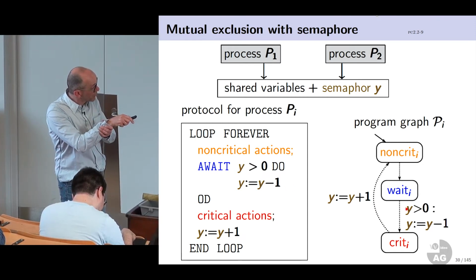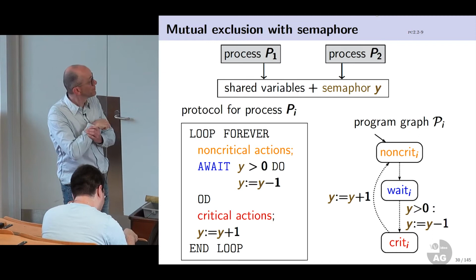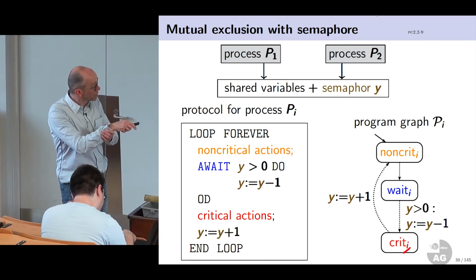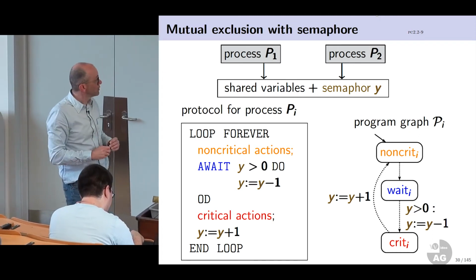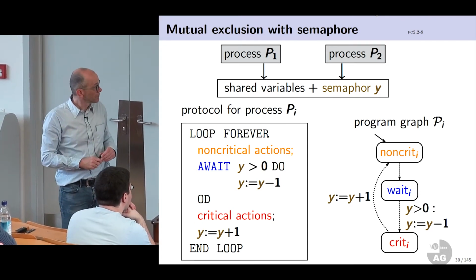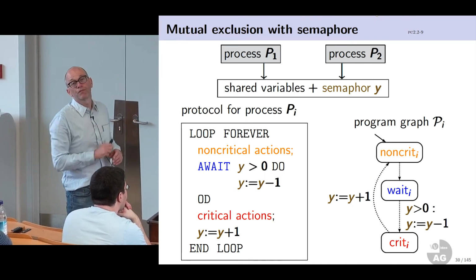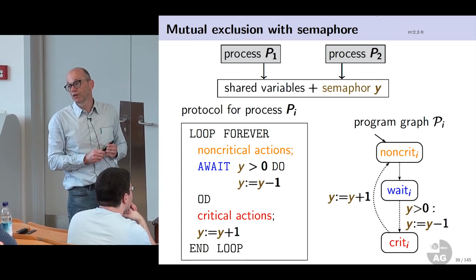You wait until the guard Y is positive holds, and then we decrement Y by 1. Now we are in the critical location, corresponding to being able to execute critical actions. After we are done with this, we can release the semaphore, and that means we increment Y by 1.